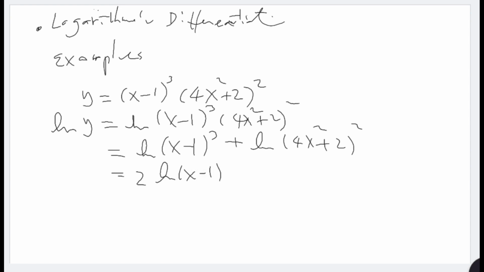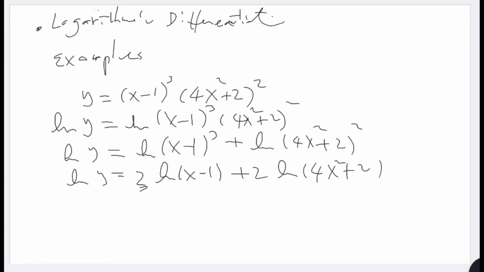This is a 3, so bring 3 to the front. And here is a 2, bring it to the front as a power. Just like in the last two examples. So the left side is log y. We did this just so we were able to simplify the right hand side, making it easier to differentiate. Now everything is already simplified.